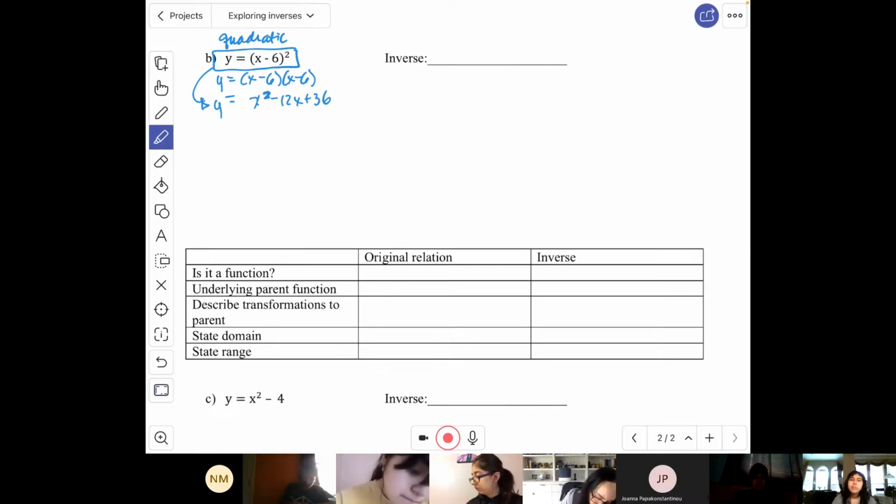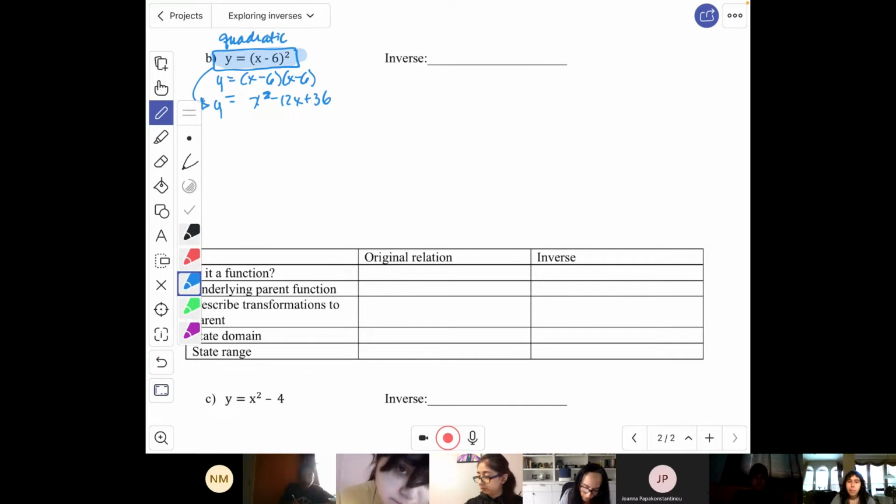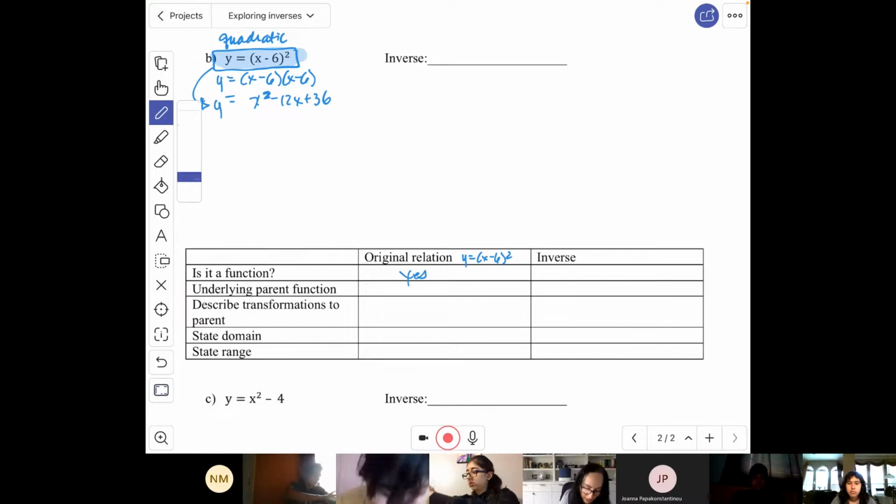Okay, so now let's focus a little bit more. I have my original relation. You said it was representative of a quadratic function. So is it a function? Yes, it is. Can you tell me the underlying parent function to this given function?